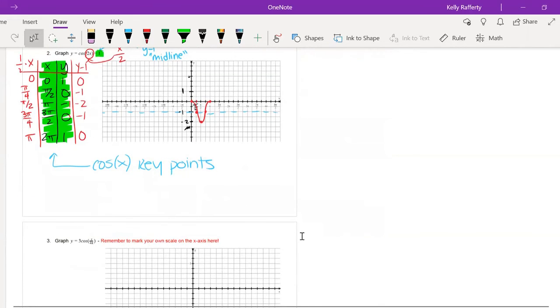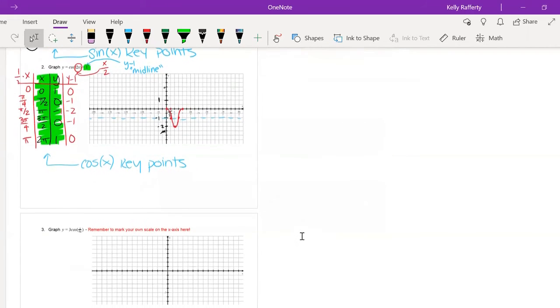And I want you, maybe for the next one, to just start writing your little XY table to start. We have 2 things going on. We have a 3 on the outside, which will be 3 times the y's. And on the inside, we have x divided by 4, so we're going to multiply times 4.